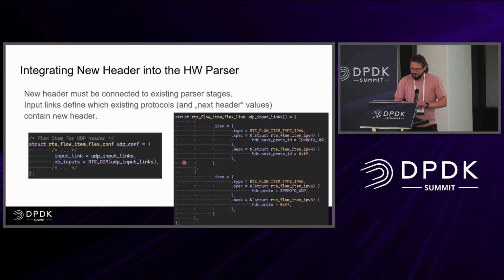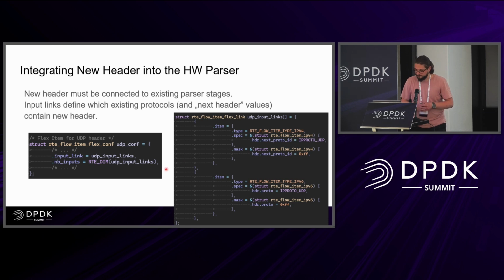Now for the second to last building block. We need to take our custom header and connect it to existing parser stages in the hardware, so that the hardware knows that when we see a specific UDP destination port, ether type, or IP protocol value, we need to start parsing our custom header.